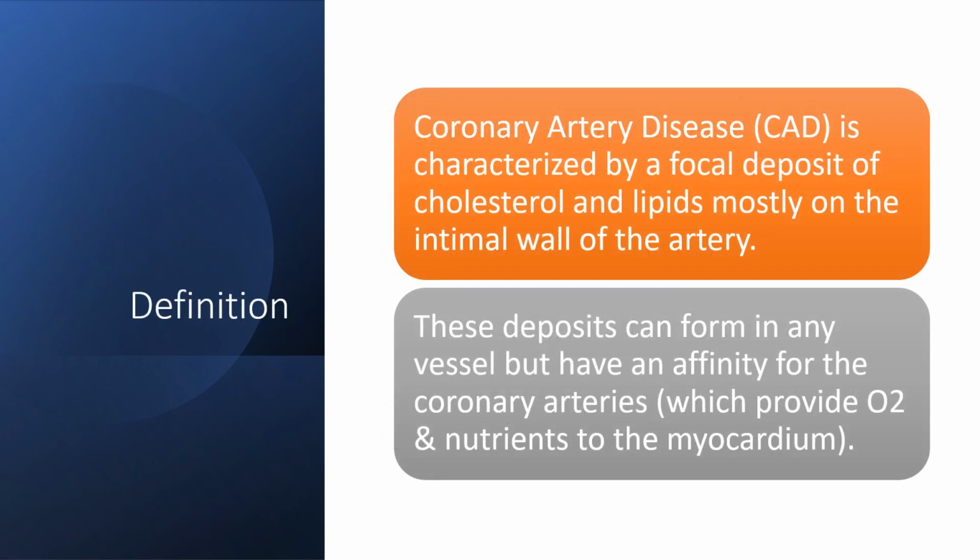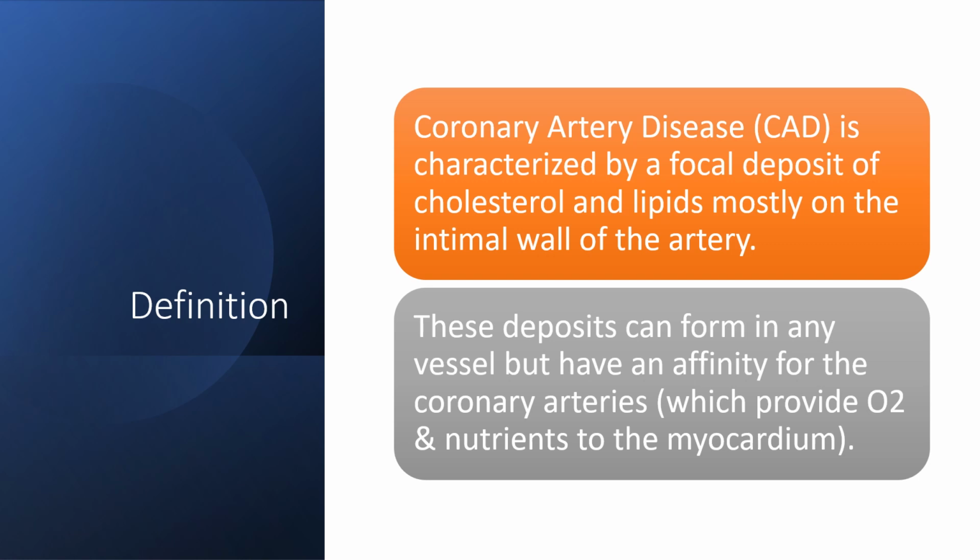This brings us to look at coronary artery disease, and really what it is, is disease of the coronary arteries or vessels that supply the myocardium with oxygenated blood. Really what is happening in the coronary arteries is a focal deposit of cholesterol and lipids that are not so good into the intimal wall of the artery. We'll take a look at some of those lipids that can lead to coronary artery disease.